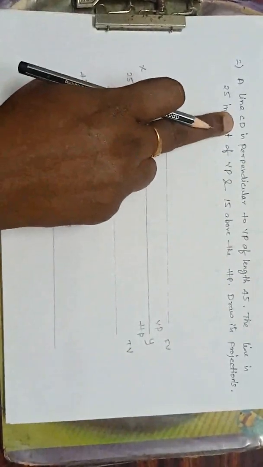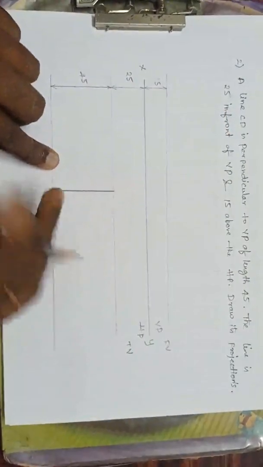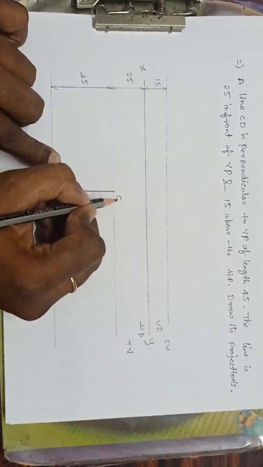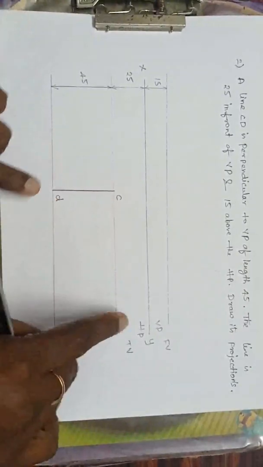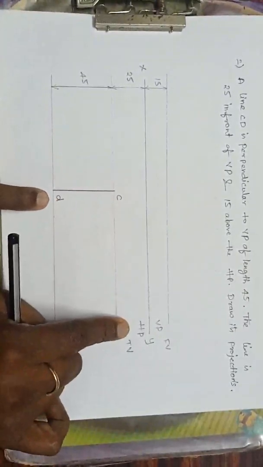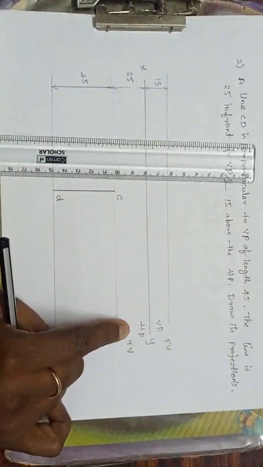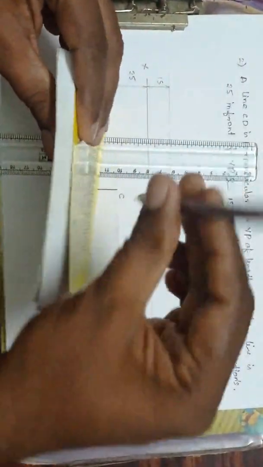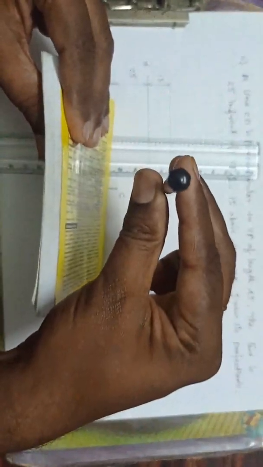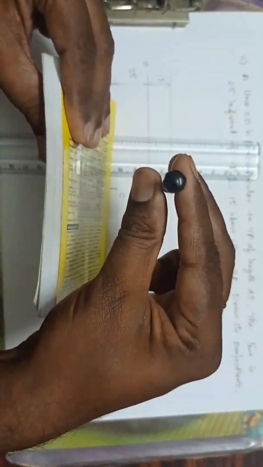Now what is this line? This is CD, line CD. So I have to name them. This is C and this is D. No need to put the dash because this is H. No dashes. So from the front view, what I can see? From the front view, I can see a point because this is perpendicular to me. From the top view, I can see the complete line.